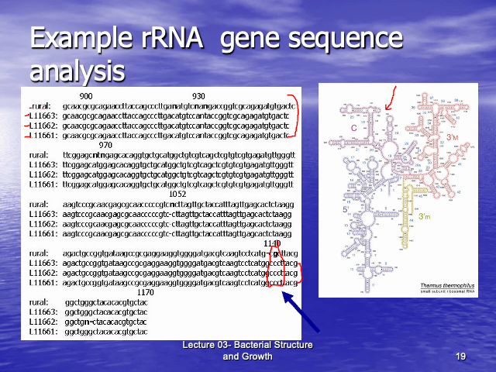But look at this one, rural. Rural has a difference in the rRNA gene sequence. So you'd say rural is not in the same species as these other 3. These 3 are in the same species, but rural, because of the difference in the rRNA gene sequence, is in a different species. That's how we're using it for classification. All right, cool.